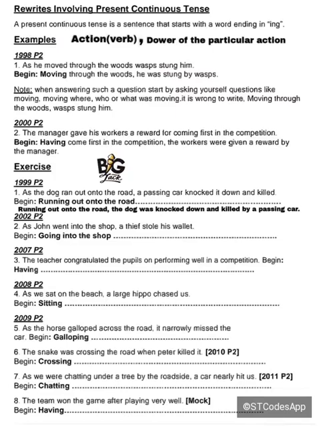Here we need to remove "it" because it is representing the same dog. This dog was knocked by the what? By the car. So I'm going to say the dog was knocked down and killed by a passing car. Full stop.